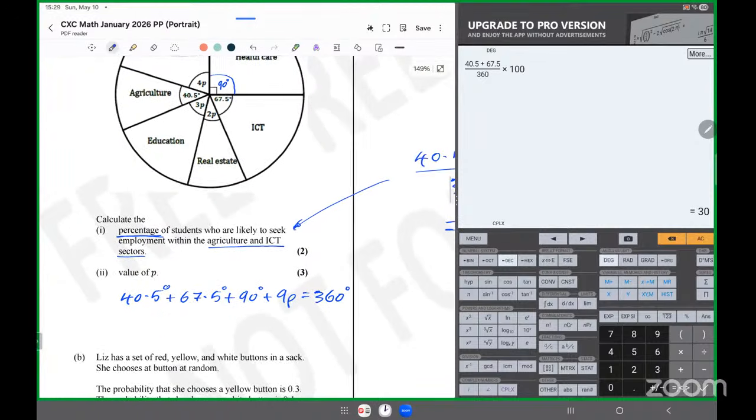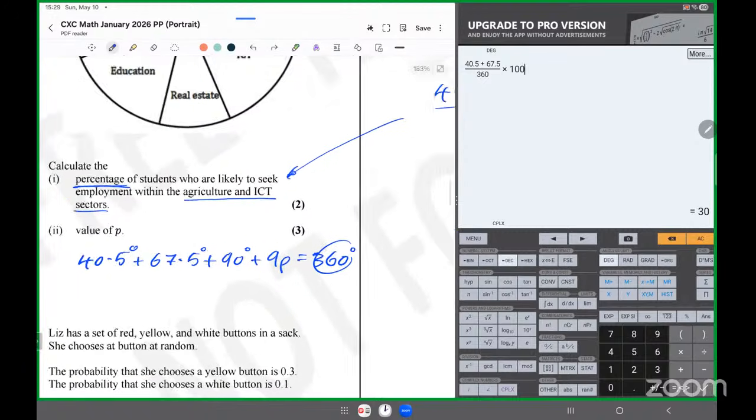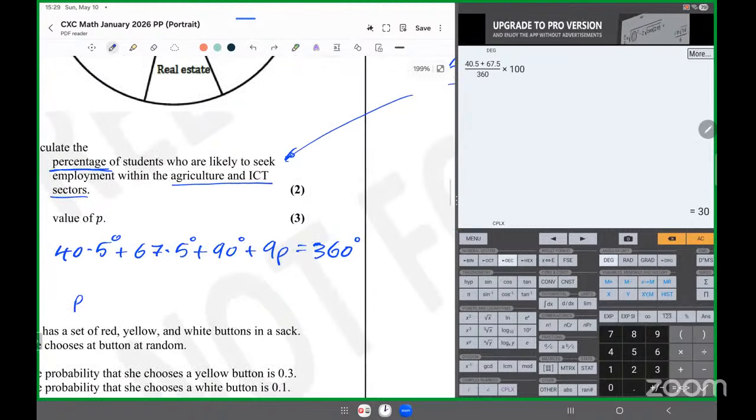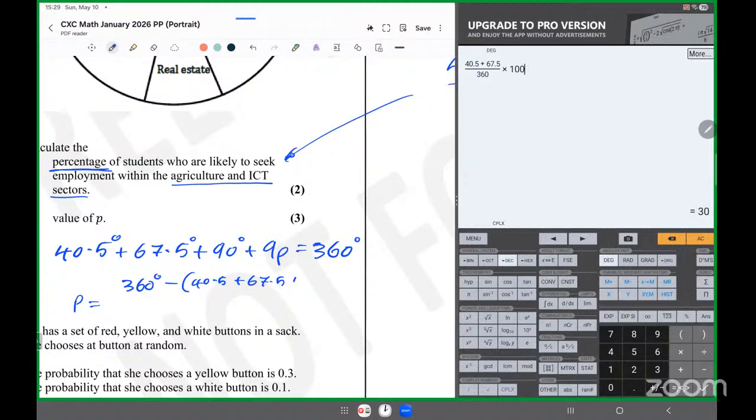So therefore, P becomes 360 minus these numbers, divided by 9. P equals 360 degrees minus 40.5 plus 67.5 plus 90, divided by 9.